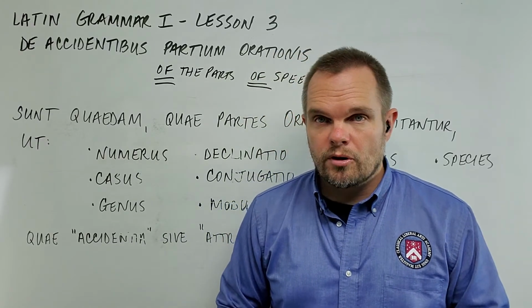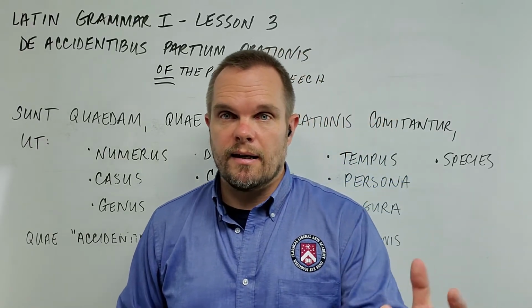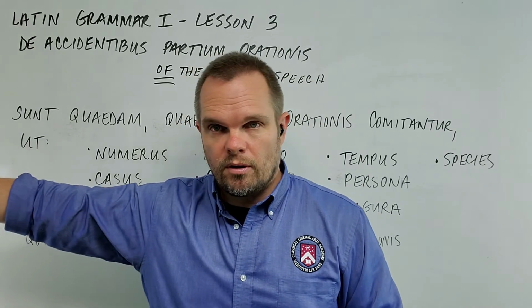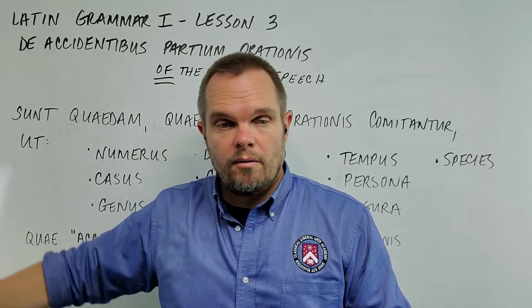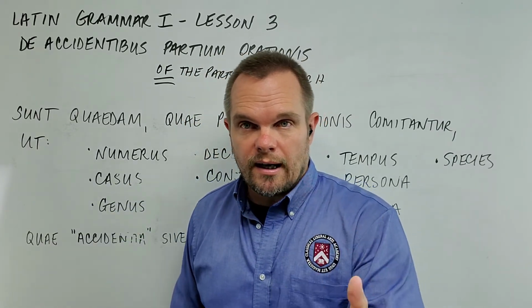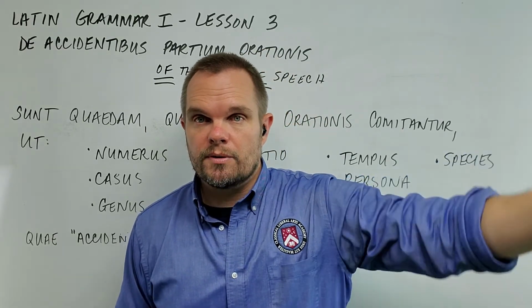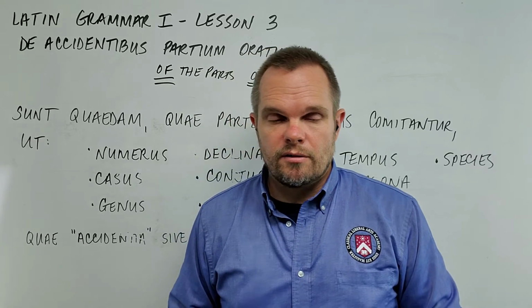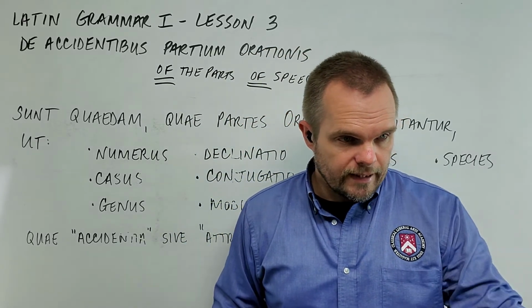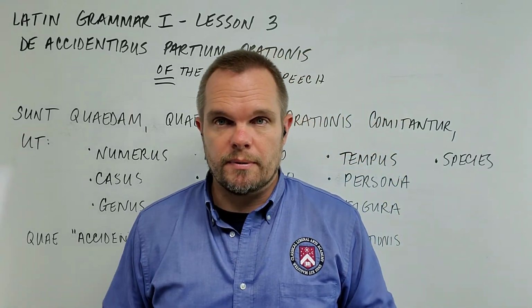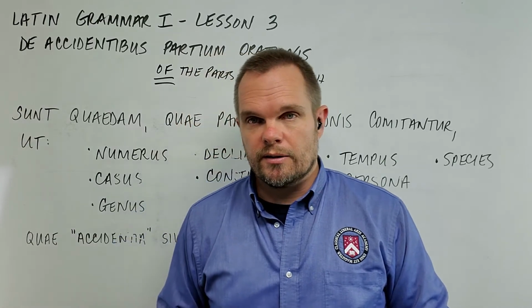So when a participle ends in ans or ens, and we'll understand what that means later, then we know that it follows the forms of the third declension of nouns. And they give an example, amans, which means loving, and docens, which means teaching.